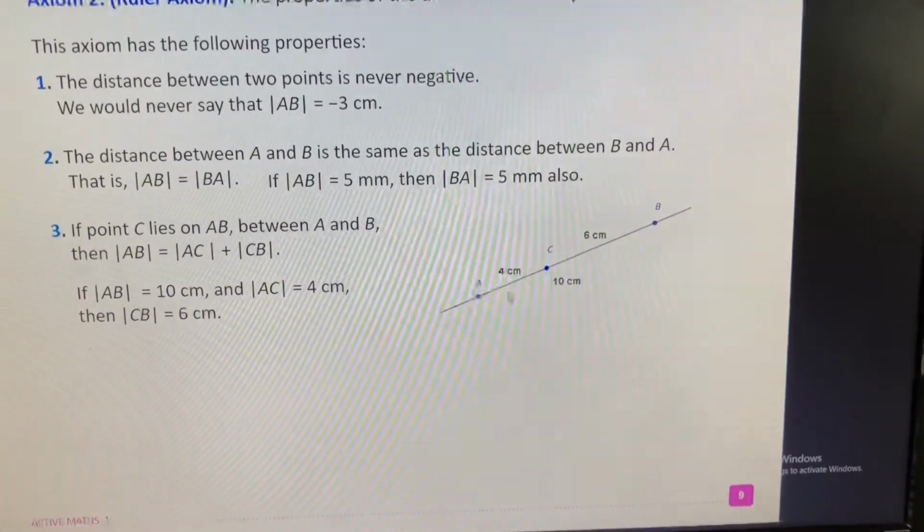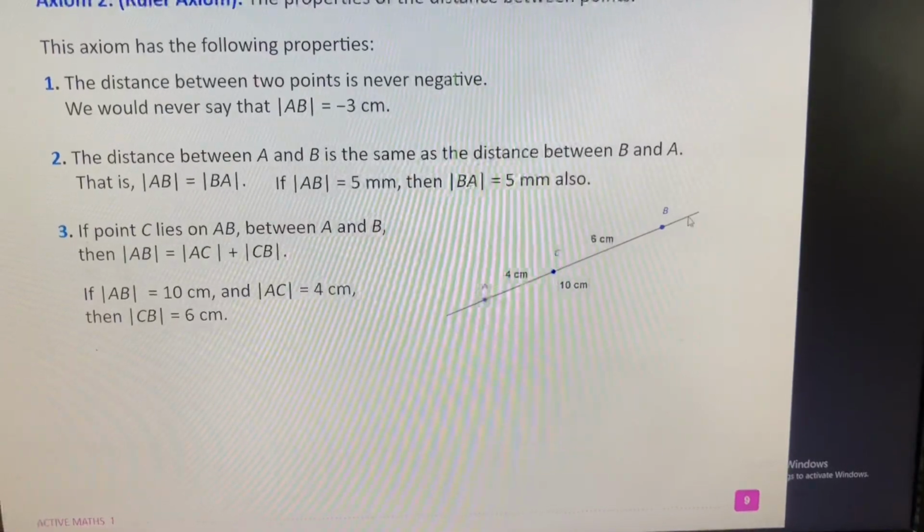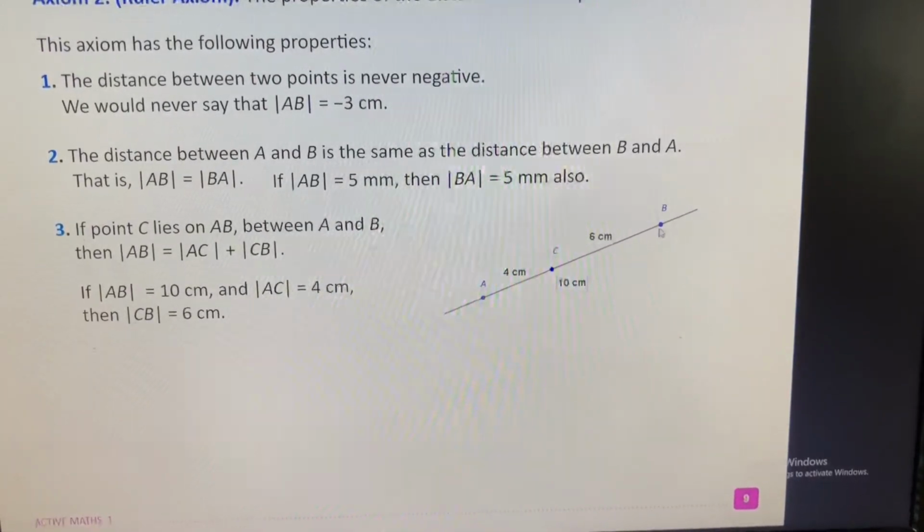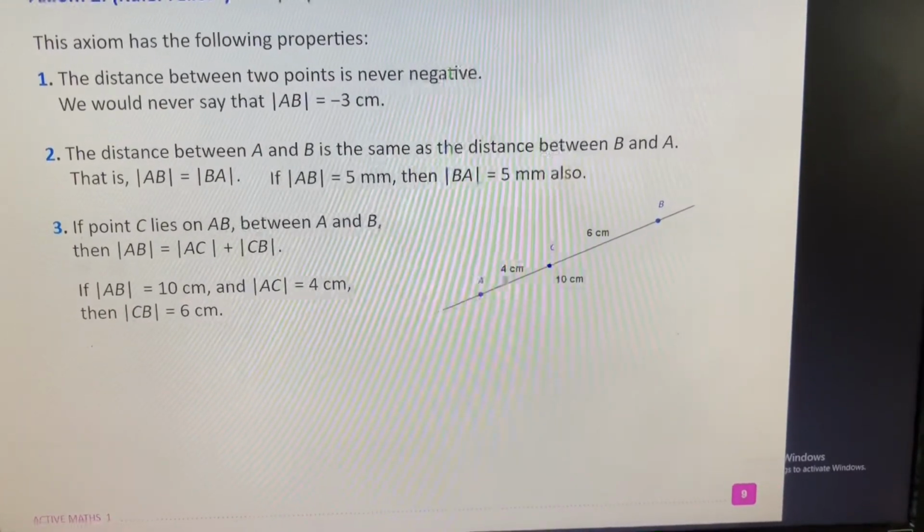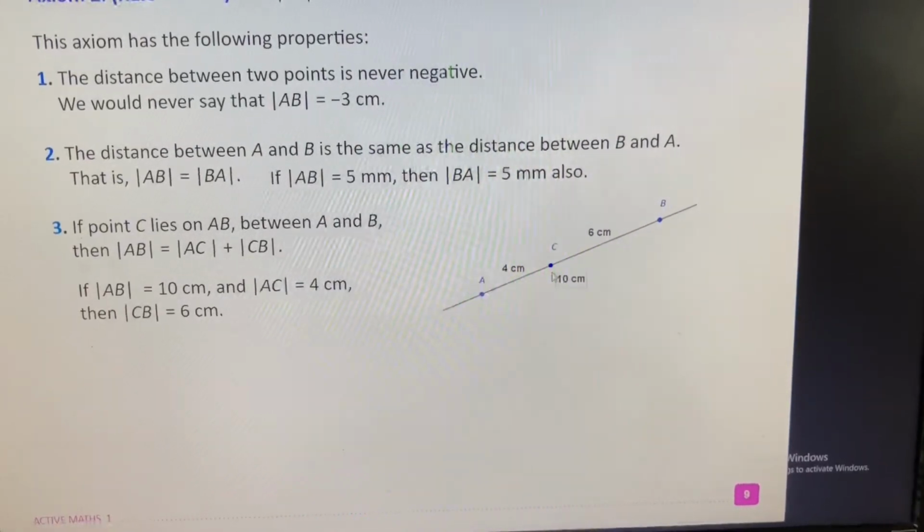So if I've drawn my one line that we know we can draw through A and B, that C lies somewhere on that line in between them.